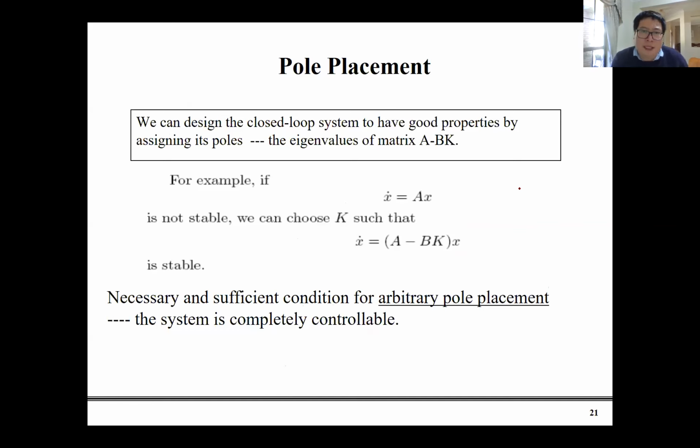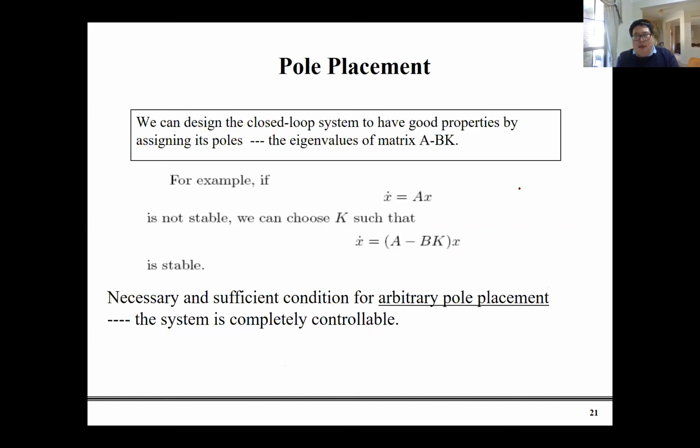All right. So that is pole placement. Pole placement means if you have a system and you check that the system is not stable, then you can use the state feedback control to make the new system x dot equal to (A minus BK)x.